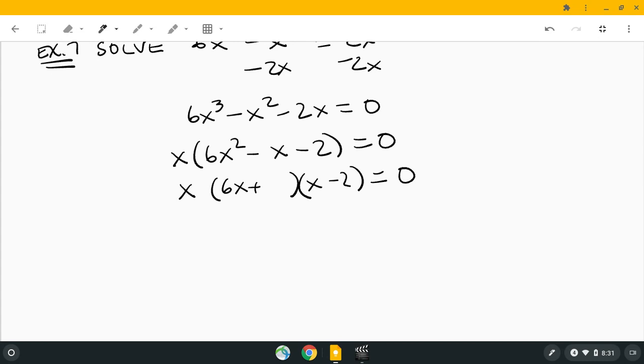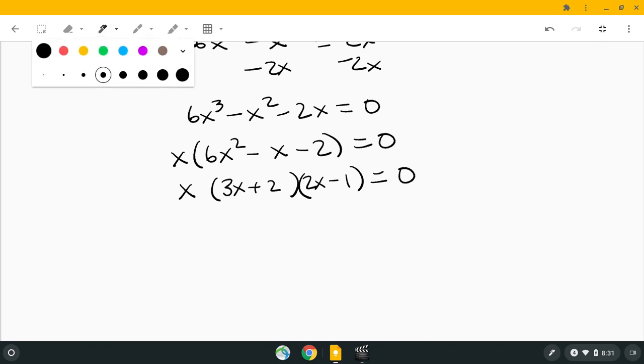No, that's not going to work. Negative 2 and 1. I can't put a 2 there. Okay, so that's not working. All right, let's try 3x and 2x. Okay, and I don't want the 2 there. I'll put the 2 here and the 1 here. All right, let's check the middle. Let's see if that works.